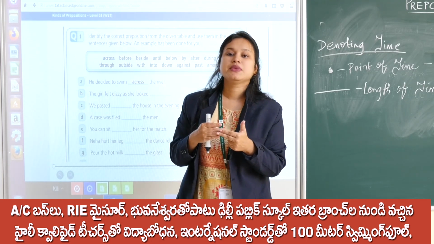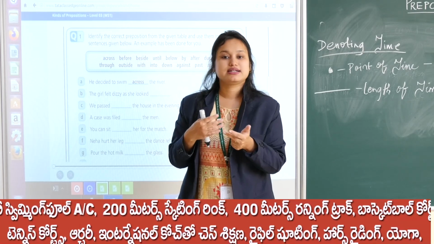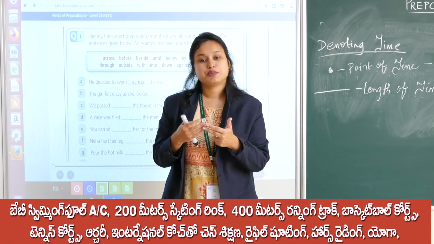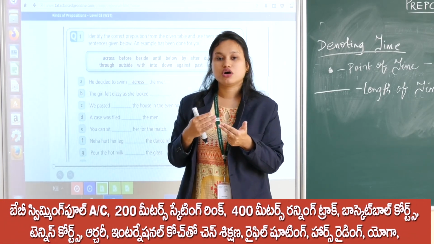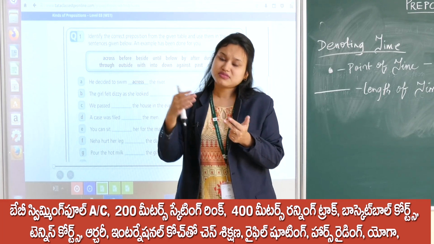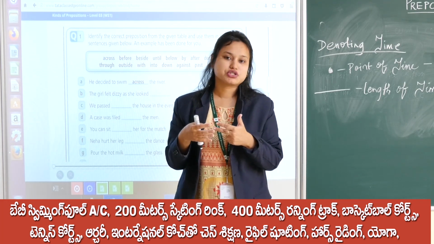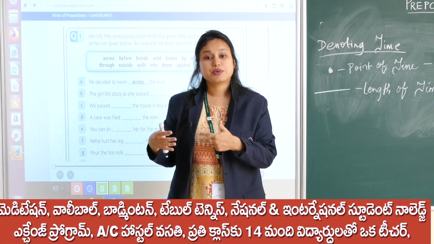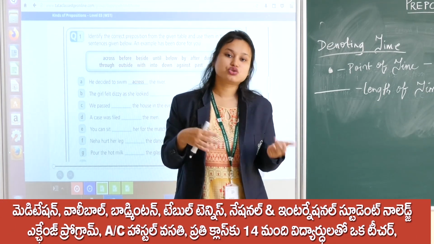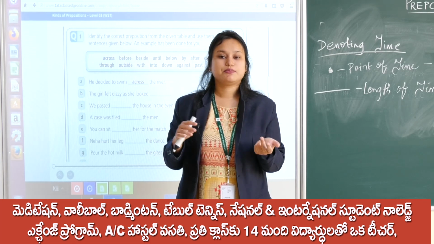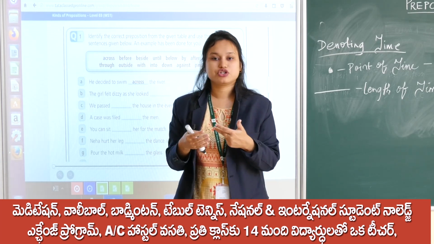For preposition of time we talked about in, at, by, till, until, right? And for preposition of place we talked about across, in, on, these are all prepositions of place. And then we talked about preposition of motion, that means through, into, upon, all that we talked about, right?